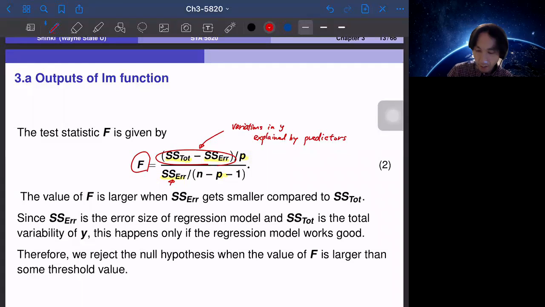So if F is large, a larger proportion of variation is explained by the predictors. That means with large F, predictors are more useful.